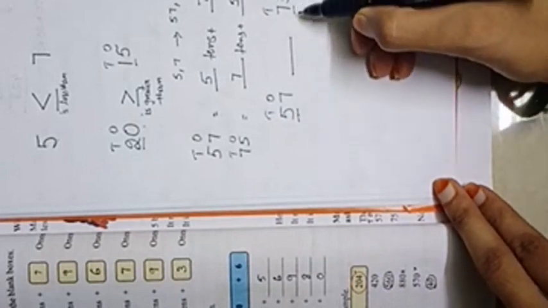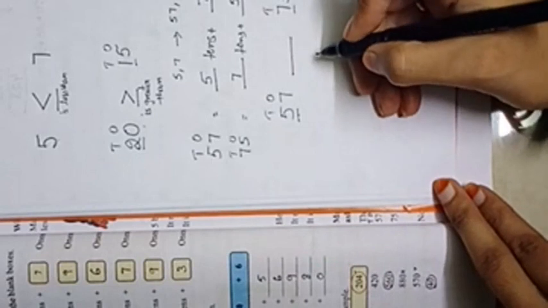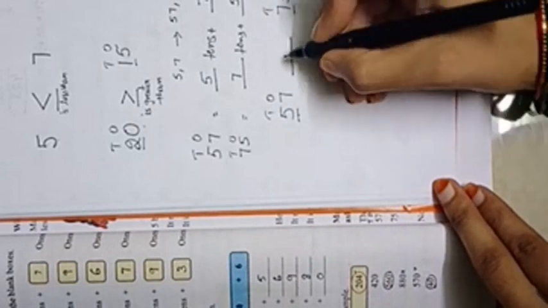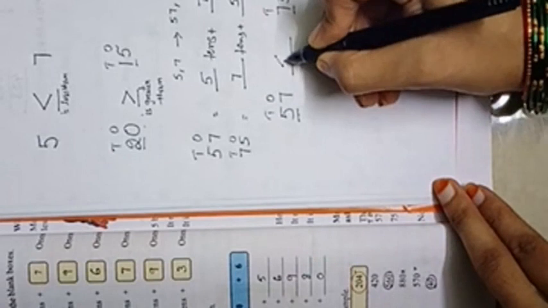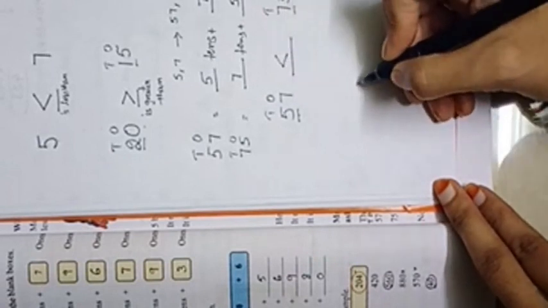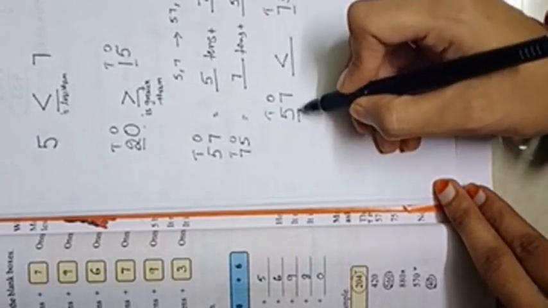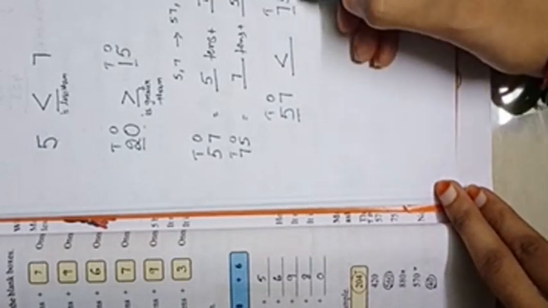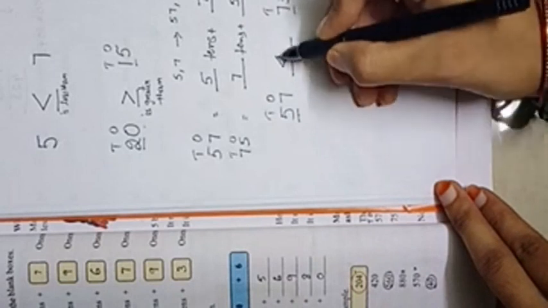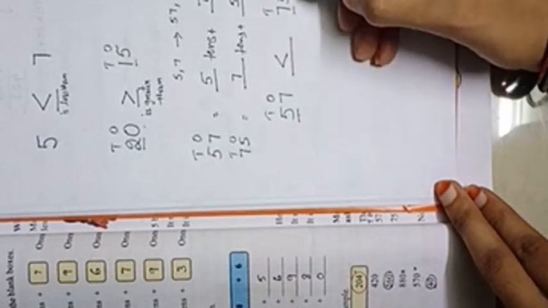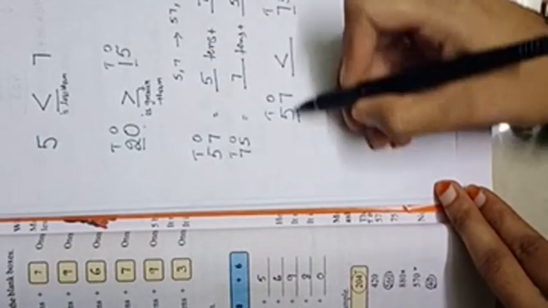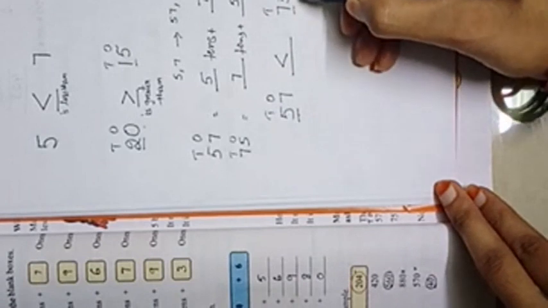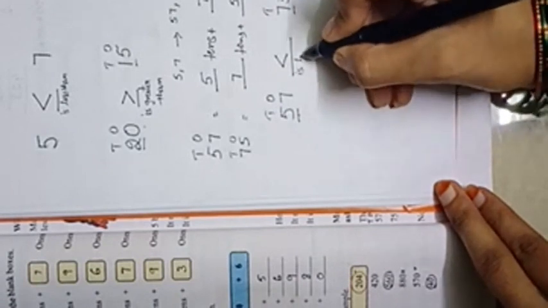The crocodile always wants to eat the bigger number, so it will open its mouth towards the bigger number automatically. Once you read this question, 57, 75: 57 is less than 75.